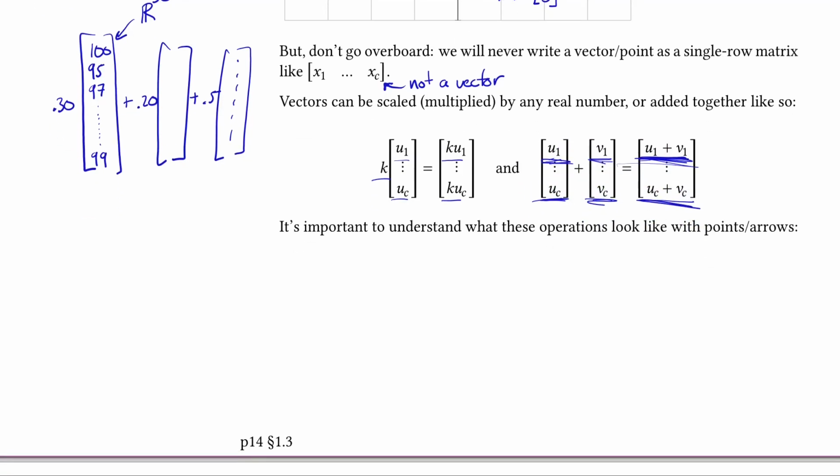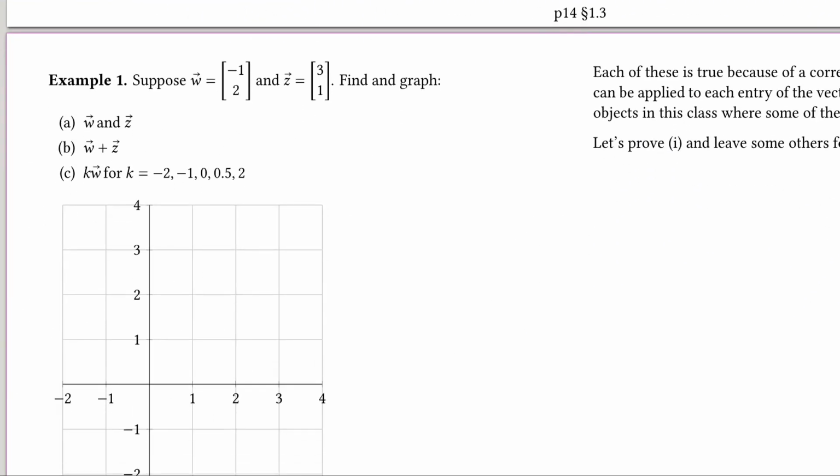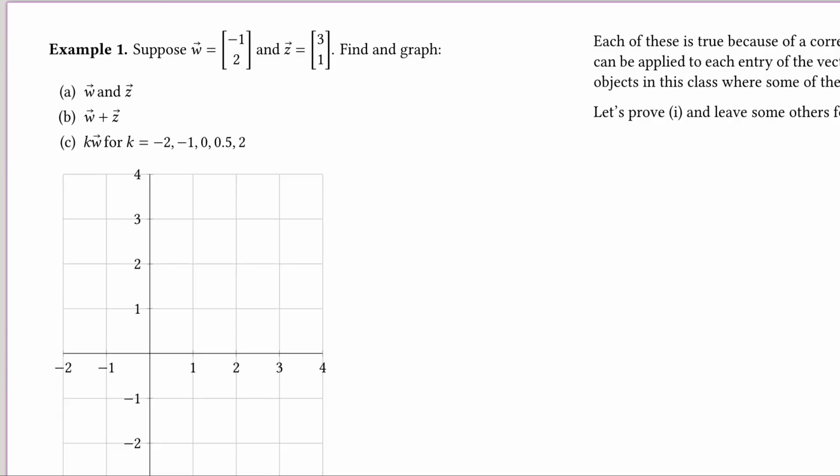But it's also important to understand what it looks like with arrows here on the next page to get a visual understanding for how this works. Because a lot of the same principles that we're going to be understanding by drawing pictures in R2, where it's easy to draw pictures, those same principles can be generalized to R3 or R10 or R30 or whatever.